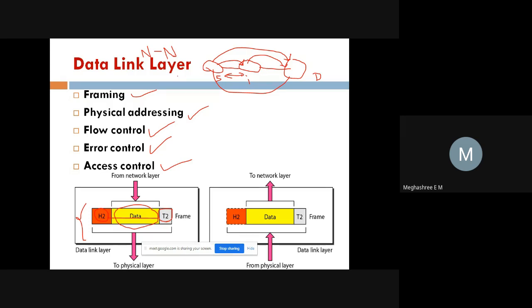And for error control, a few mechanisms are followed to reduce the errors in the packet. And the access control decides who all have access to the data. So altogether, these functions are implemented at the data link layer.